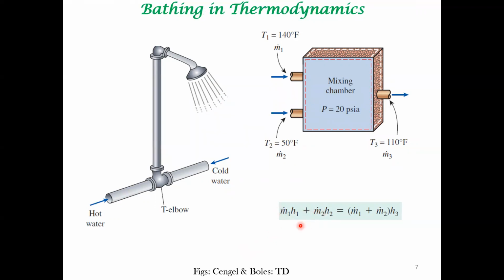The enthalpy balance involves the input enthalpy from these two sides, and this is the enthalpy that comes out from the shower, right? So that involves the mass flow rate of the cold fluid and the mass flow rate of the hot fluid times the enthalpy that is coming out, right?